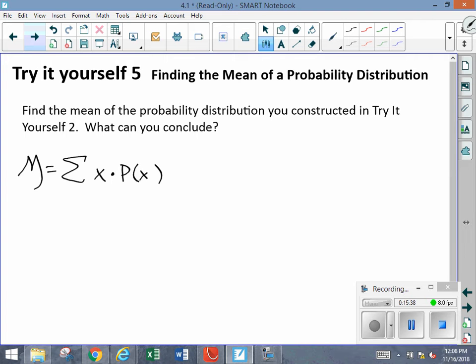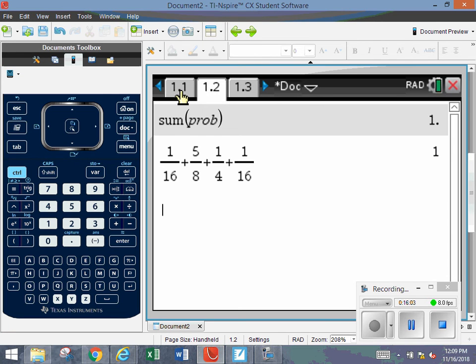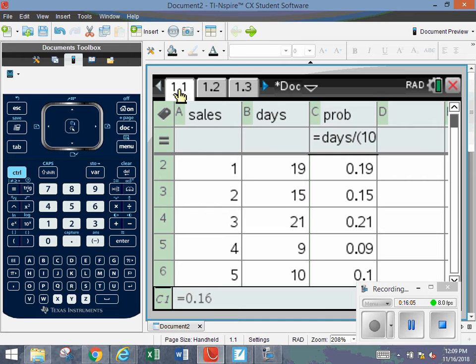So in our case, we had 0 times, what was the probability of him getting 0 sales? Probability of 0 sales was, let's get it over here. There we go. It was 0.19.